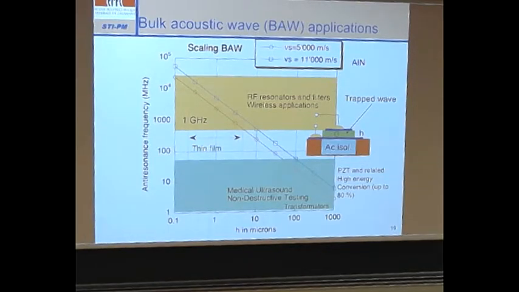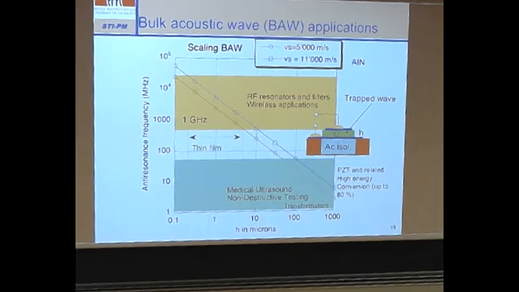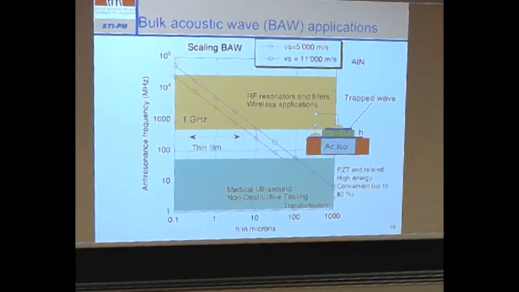Here in the megahertz range, you have to have bulk materials, several hundred micrometers thick. So here we have bulk materials, then there's a range that is suitable for thick film technology, where multilayers with thick films of PZT can be done, and then we have this thin film range. So that's it.